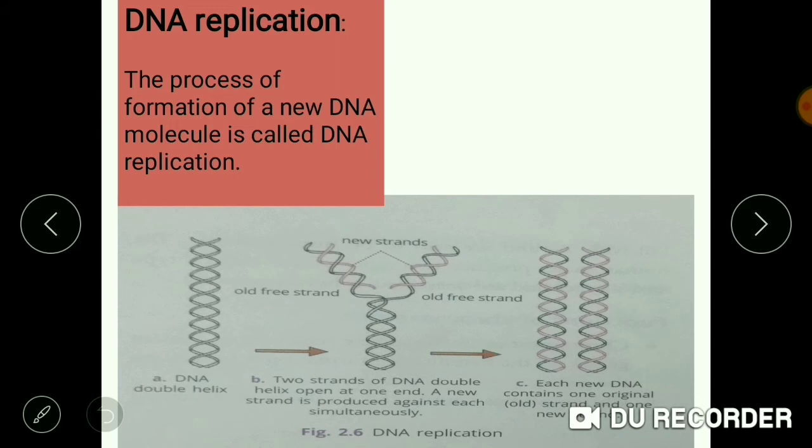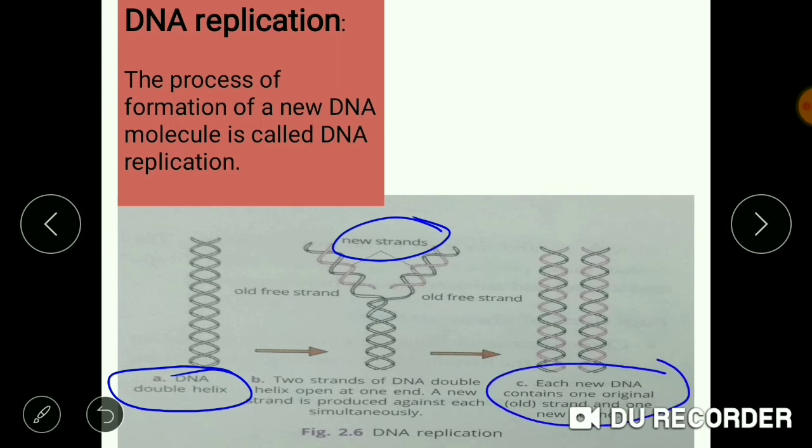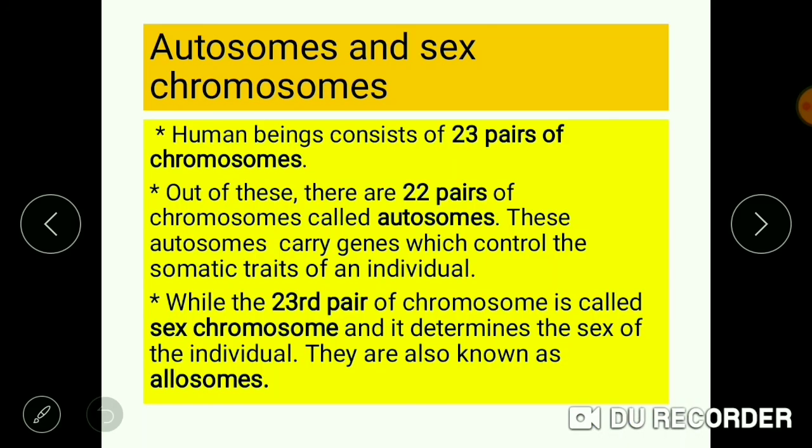So this is the DNA helical structure, which is opening, or both of the strands of DNA are opening at one end, and the new strands are produced simultaneously, and at the end we will get two DNA molecules. Each new DNA contains one original strand and one new strand.